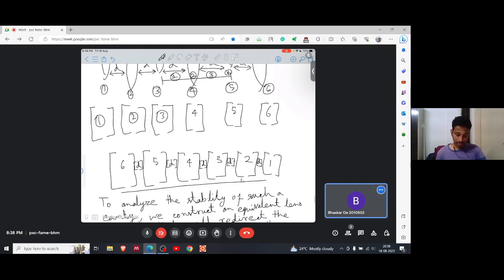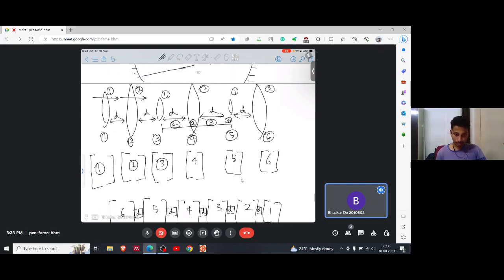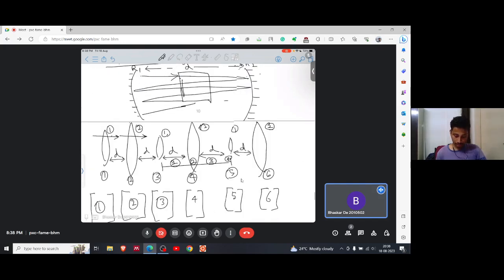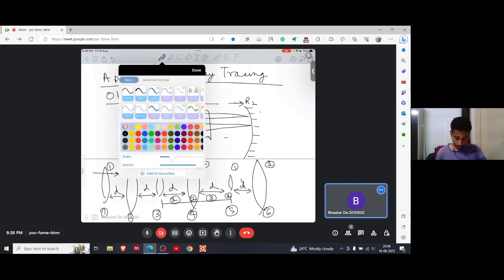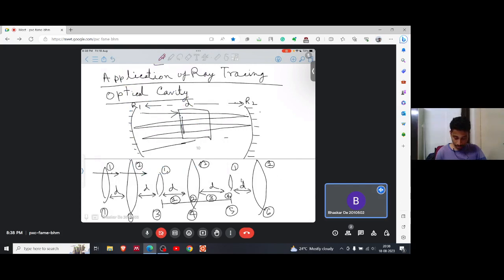So this is the unit cell that is continuously repeating. That means the beam travels a distance d and reflects from the R2 mirror, then travels another distance d, then reflects from the R1 mirror.